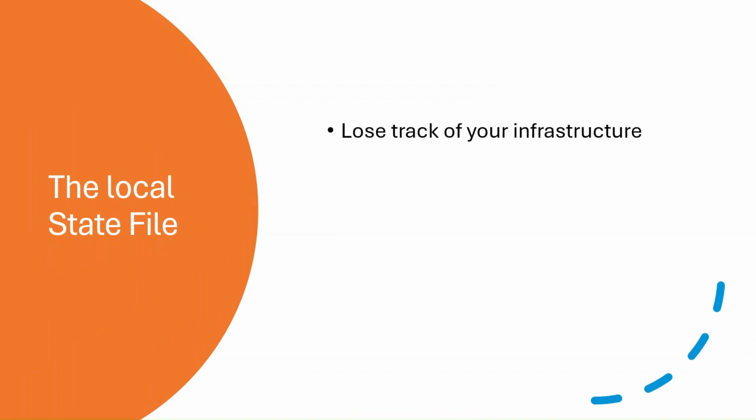Now, let us just discover what the local state file is about. In Terraform, your state file keeps track of what has been deployed to your cloud account. By default, it is stored on your local machine in a file called terraform.tfstate. But this is risky, because if the file is lost, you lose track of your infrastructure, right?